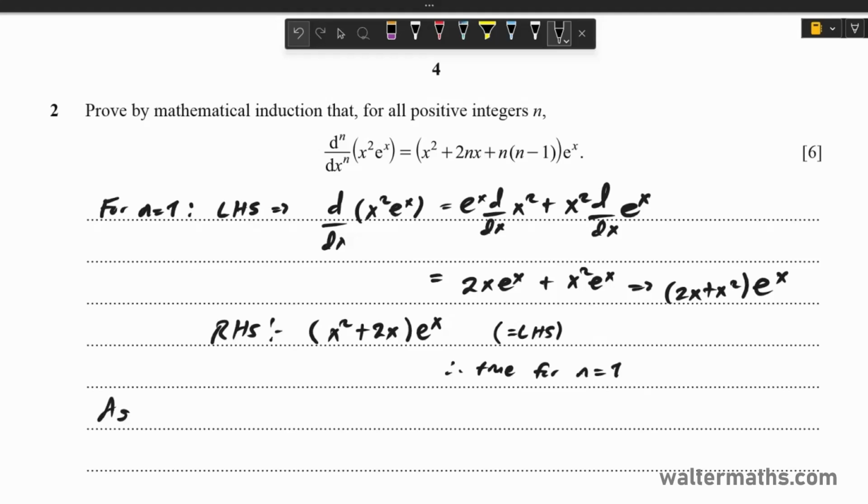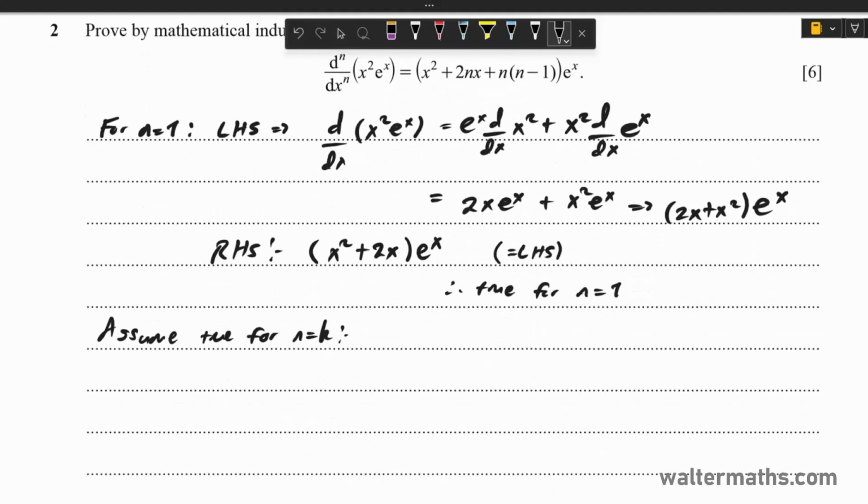So we're going to next assume true for n is equal to k. And if that is so, we would therefore be having d to the k by dx to the k of x squared e to the x being equal to x squared plus 2kx.